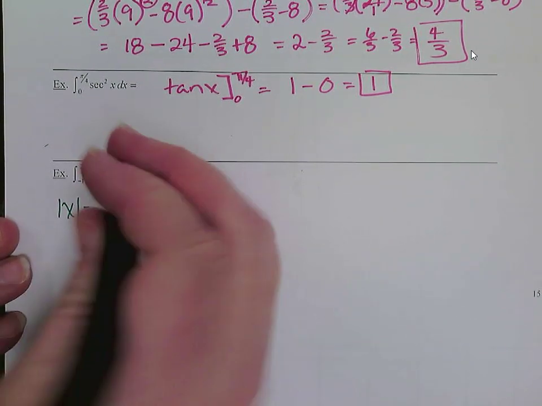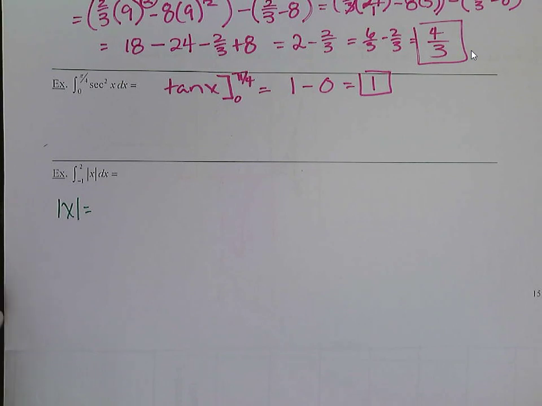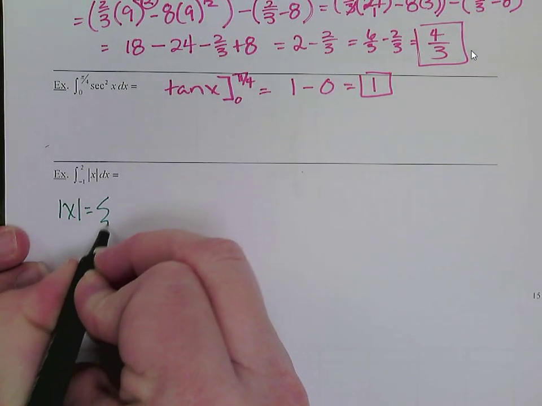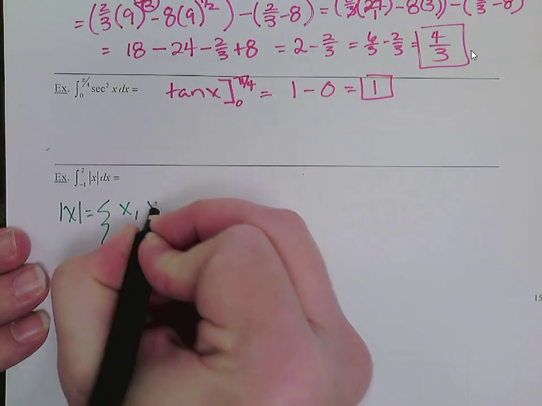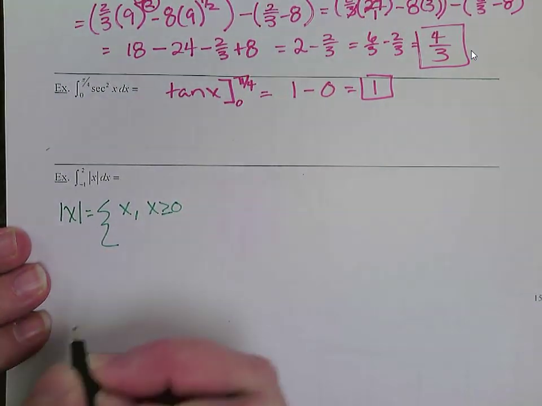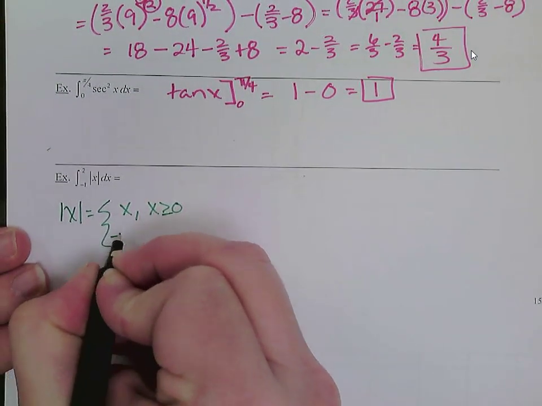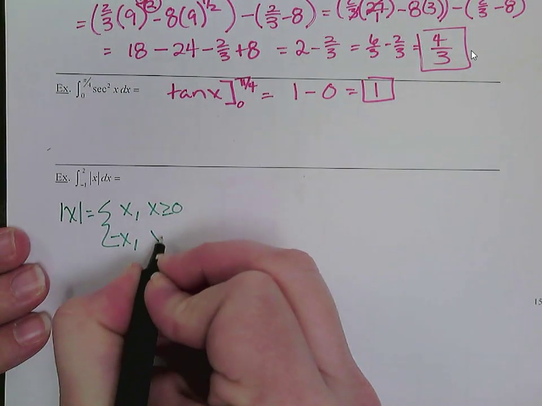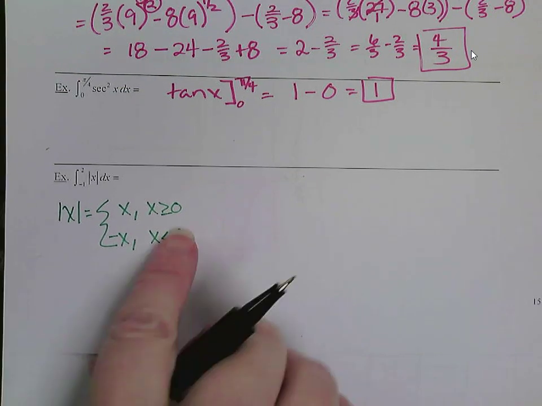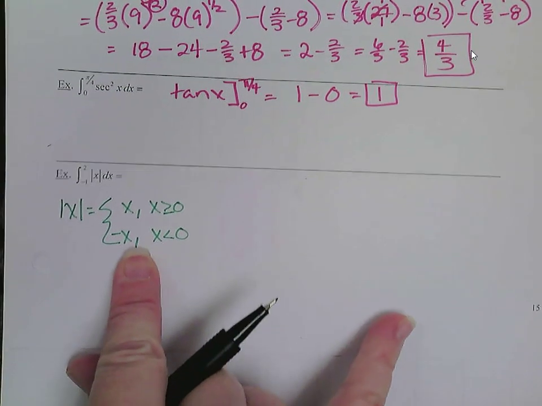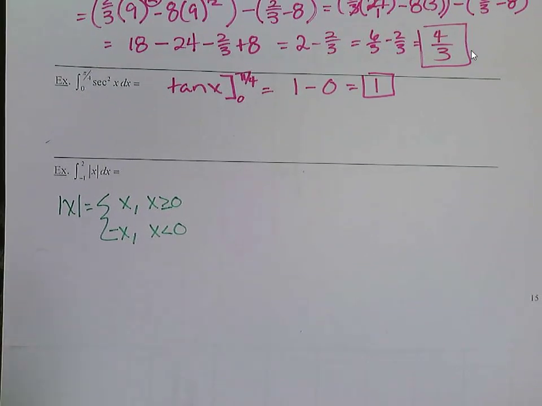Neither one of you is wrong, but neither one of you is right all the time either. It's a piecewise function. It's x if x is greater than or equal to 0, or negative x. And again, I don't think of it as negative x. I think of it as the opposite of x if it was negative. So if it's negative, I take the opposite, making it positive, right? So it changes at 0.